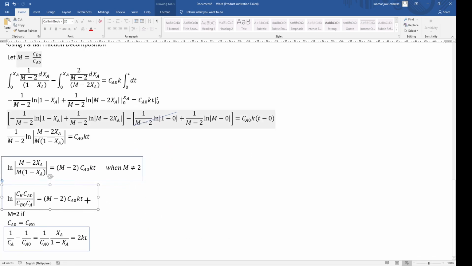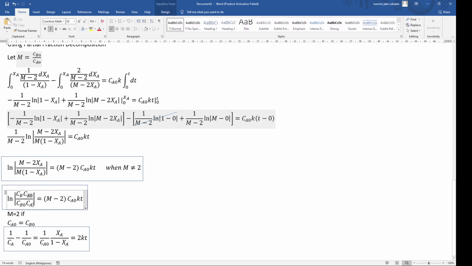So this equation, magamit ni siya if we are given CAO, CBO, and either one of CA and CB. So we could solve for either one of CA, CB. This one naman, we will be given CAO and CBO, and then we are to find XA. So kana. Mao lang man na siya ang usual questions sa kinetics conversion, either time conversion or concentration at some given time.